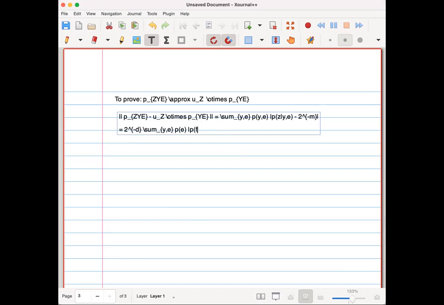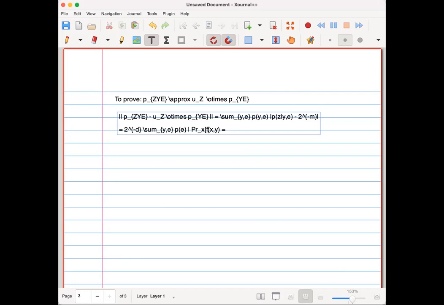Now this is the probability of f of x, y. I should say that this is the probability under the choice of x that f of x, y equals z.